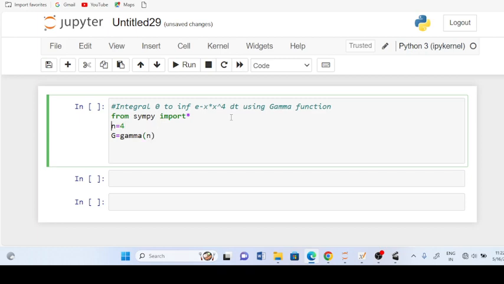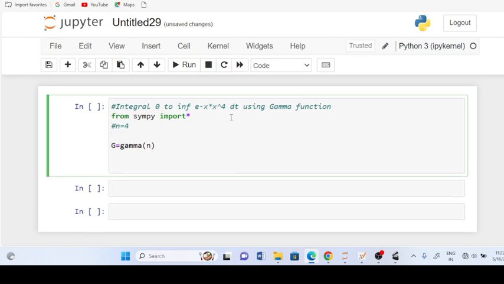Otherwise we can give the input n equal to float. We can give integer also. Sometimes n is in decimal places or fractions, so then we must give float input in single quotation. We enter the values of n, g equal to gamma of n.